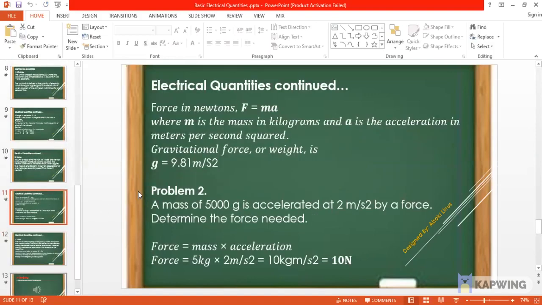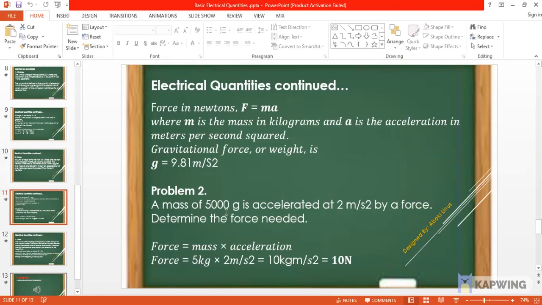So we can also see how the force can be calculated. Force is given as mass times acceleration. And remember, force is a derived quantity, a combination of mass times acceleration. So for instance, if you have a mass of 5,000 grams accelerated at 2 meters per second squared, then you can find the force.